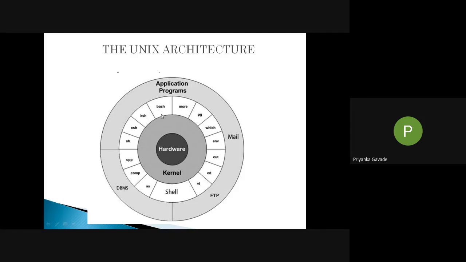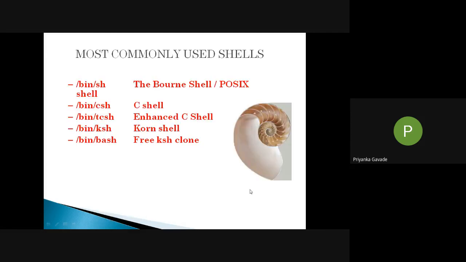All these are commands that can be executed by the shell. There are various types of shells available to us. The most commonly used shells are the Bourne shell, the C shell, the enhanced C shell, the Korn shell, etc.